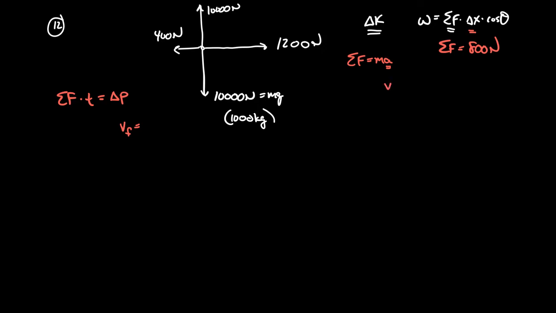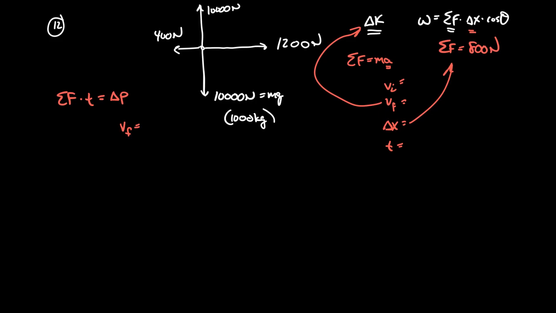This would allow me to use a motion equation. From there, I could figure out how far the car goes or how fast it goes. Figuring out how fast it's going would help me with the change in kinetic energy. Figuring out how far it goes would help me figure out the work directly. Same amount of work either way. You pick which one you want to do.